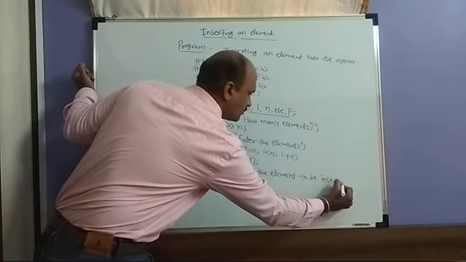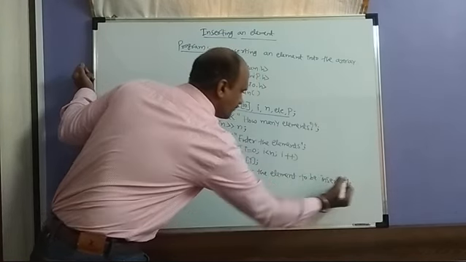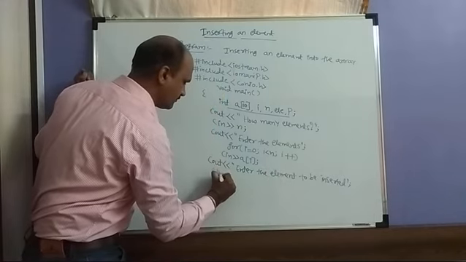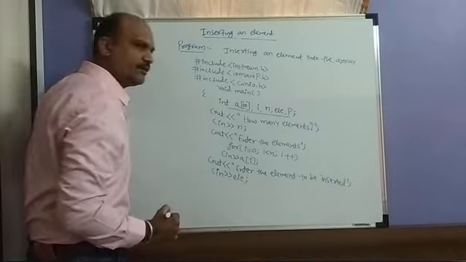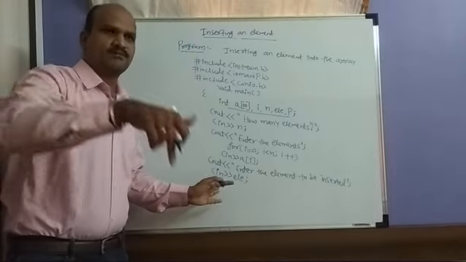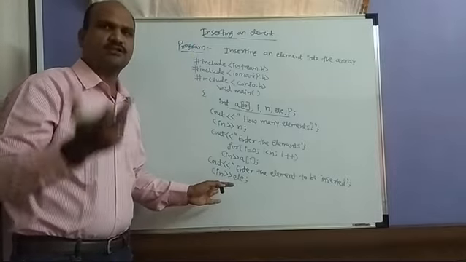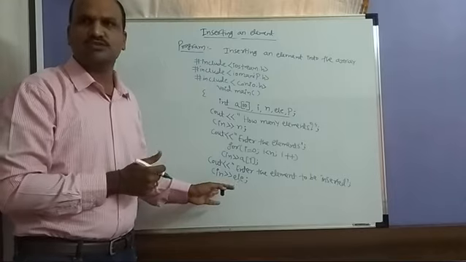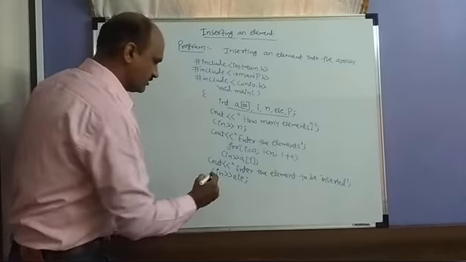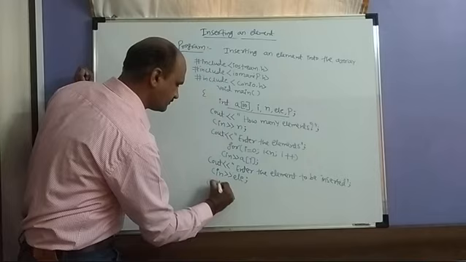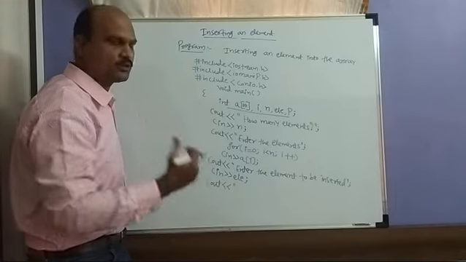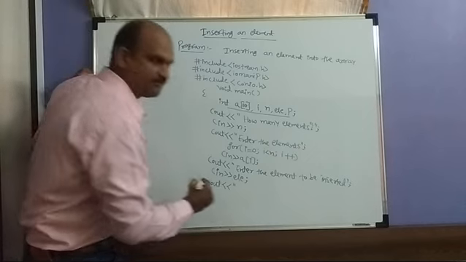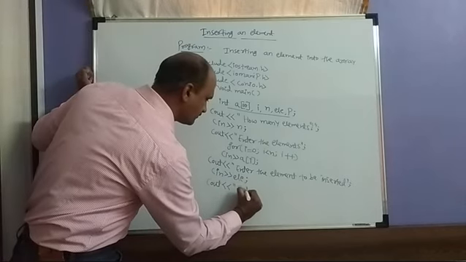So what element you want to insert? That is cin element. Okay. Then after the particular element is chosen, you should know in which position you should insert that element. Then again cout: in which position you want to enter this element. Okay. Enter the position.